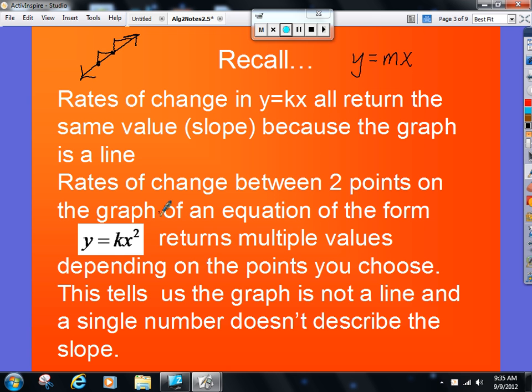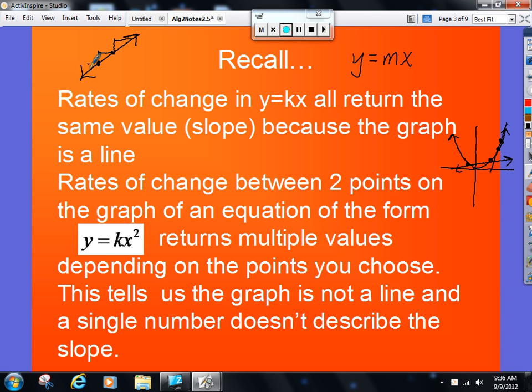Now, this will be different when we talk about the graph of y equals kx squared. You still need 2 points to find the rate of change, but whenever you pick two different points, it will give you back different values, and that's going to be expected, because if you notice, if I picked these 2 points, that's going to be a steeper rate of change than if I picked these 2 points.